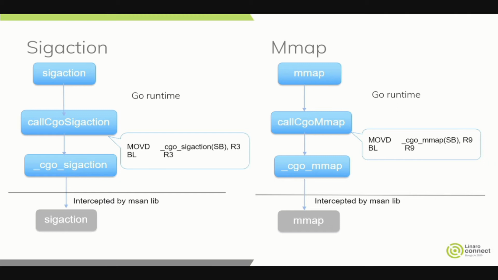The signal handler also should be intercepted by the MSan library. And another is about mmap. When MSan is enabled, the mmap call will be intercepted and the returned memory will be marked as initialized.